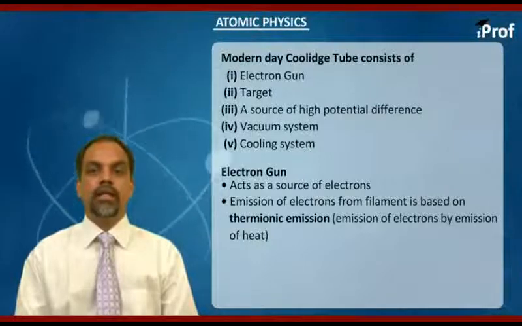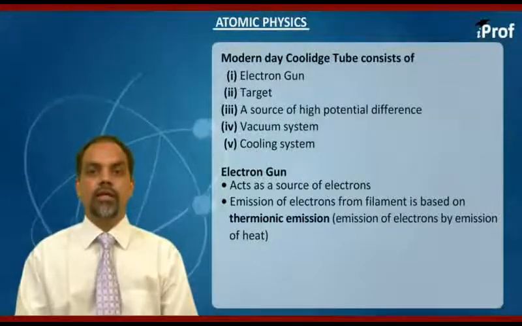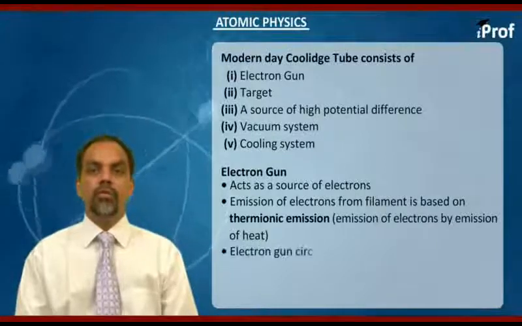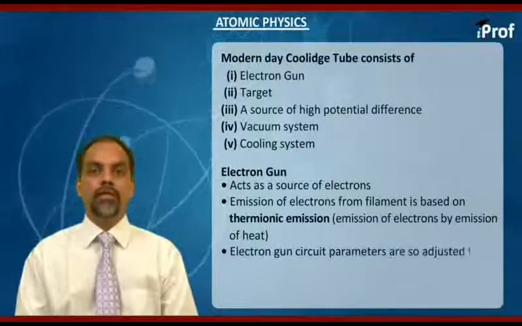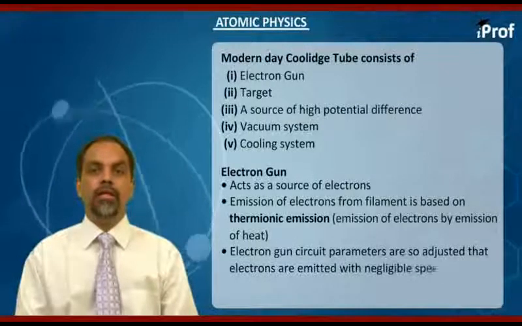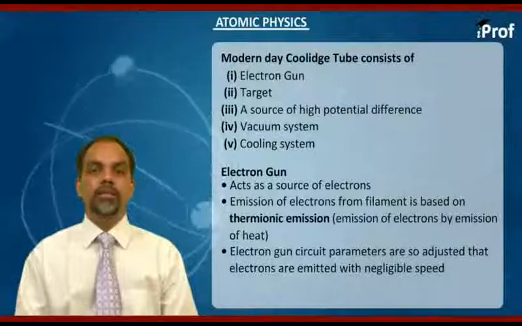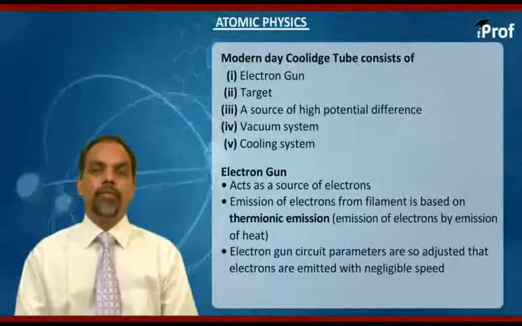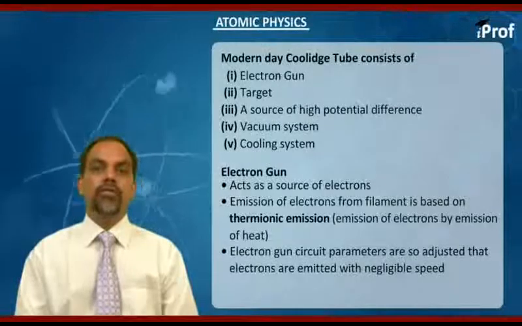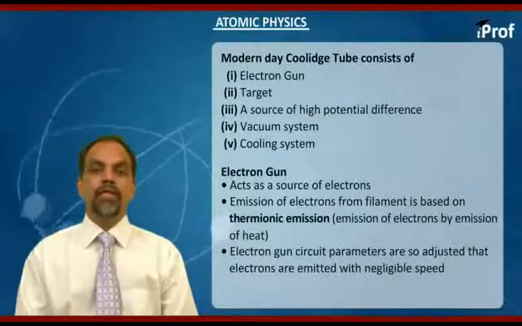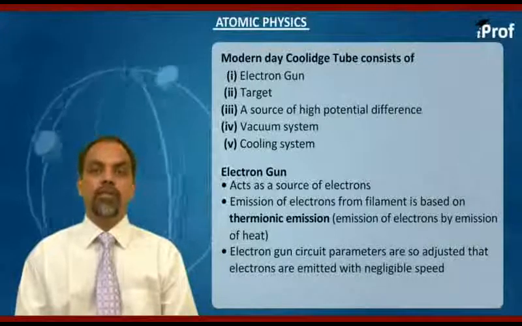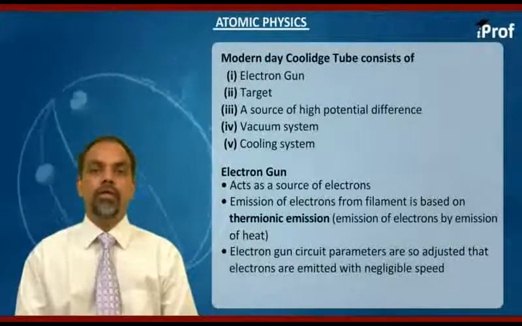Now in this circuit we have control over the current, we can vary the current, we can control the heating effect. So we choose electron gun parameters such that electrons are emitted from it with negligible speed. We can play with the parameters. The basic thing is that the emission of electrons is based on thermionic emission. That means electrons are ejected from the filament by application of heat.